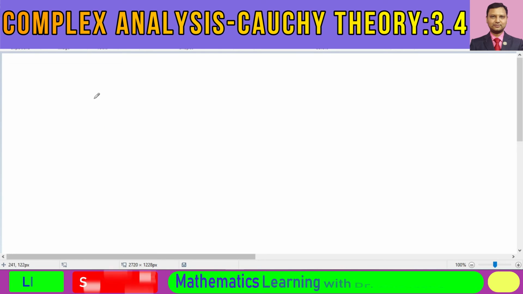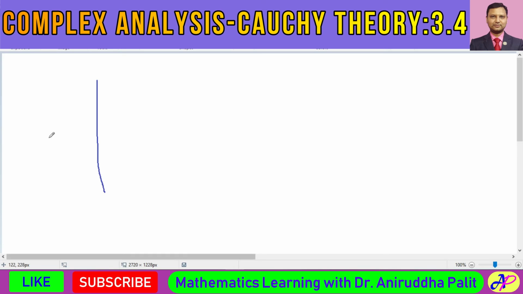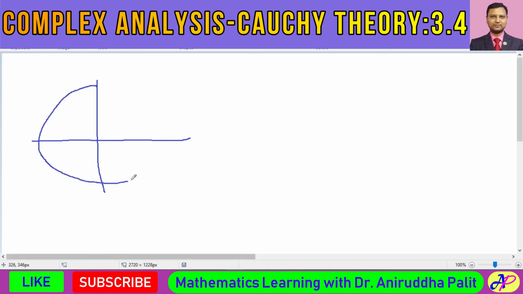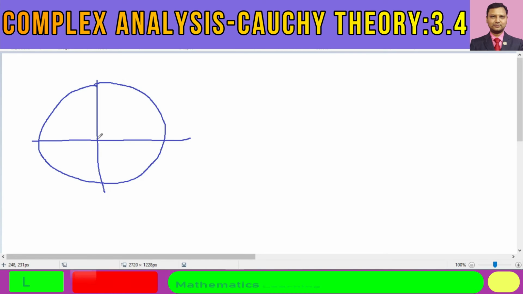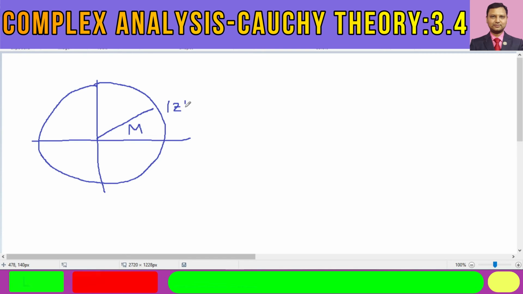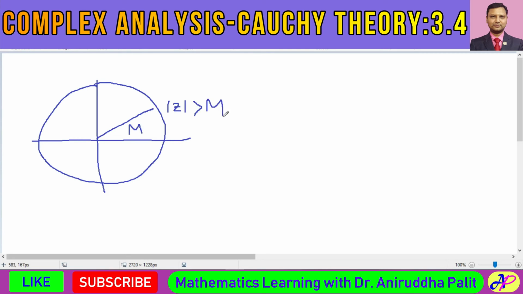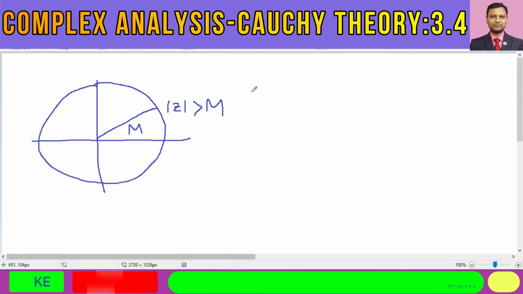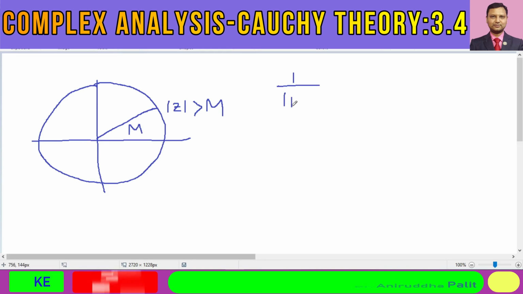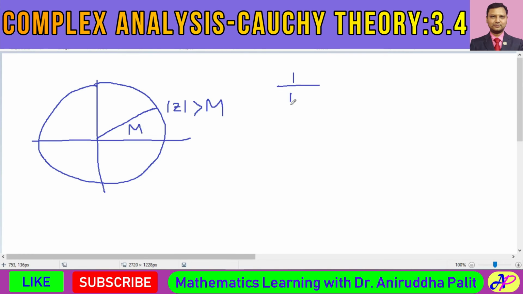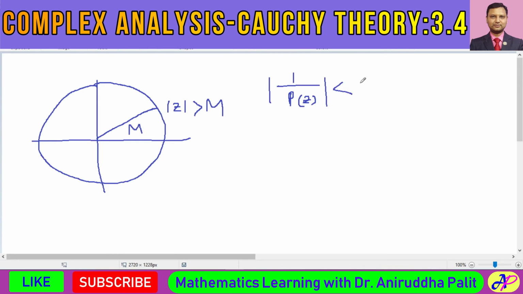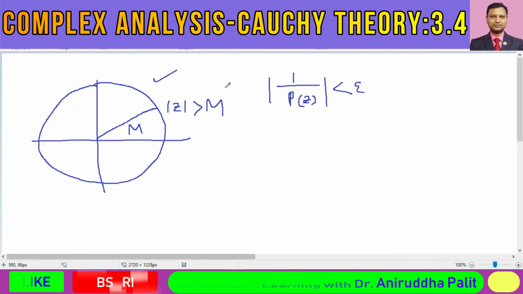Over here, this is the complex plane, and if you consider a circle of radius M, this is the zone that modulus of z greater than M. So in this zone, we have the result that the modulus of 1 by p(z) is less than epsilon.